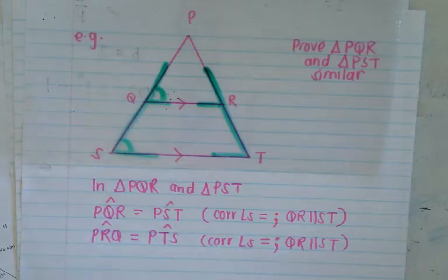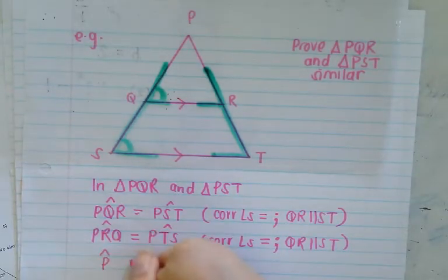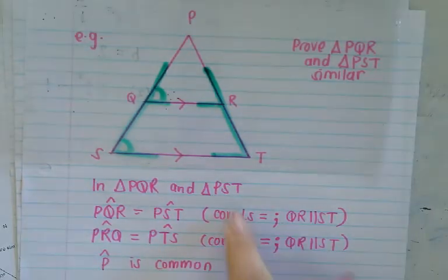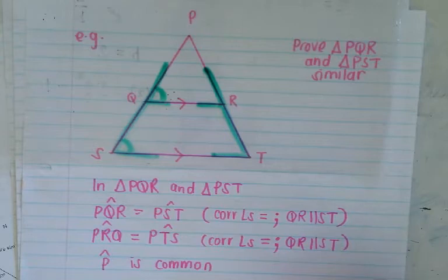When they are exactly the same angle, what do we call them, Likona? A common angle. So you can just say angle P is common. So we have 1, 2, 3 sets of corresponding angles equal. Therefore, triangle PQR is similar to triangle PST, angle, angle, angle.